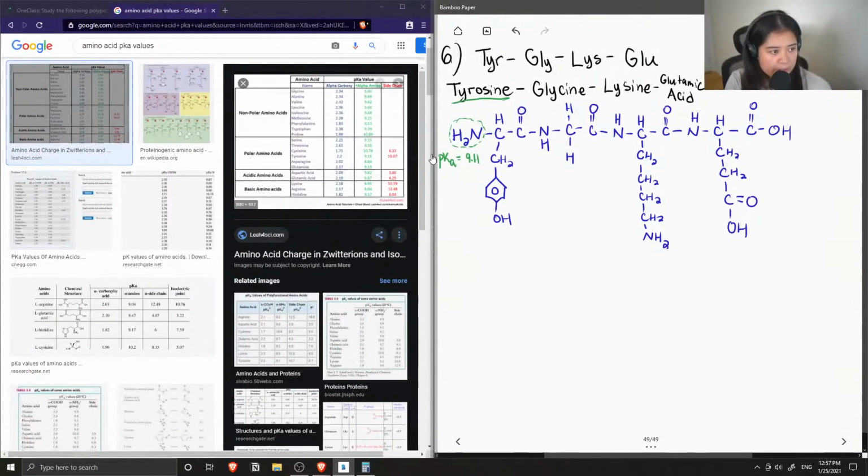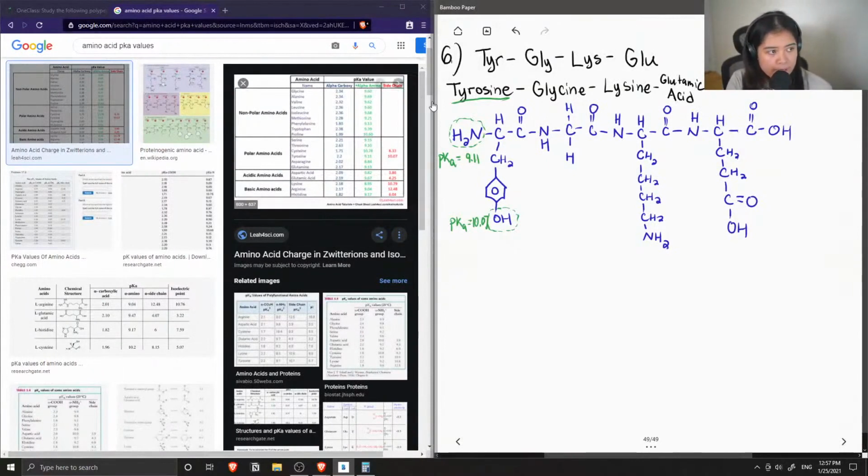But we also want to look at its side chain. The side chain, which is the alcohol group on the phenyl ring, has a pKa of 10.07. I'm also going to circle this and say the pKa is 10.07. Okay, so that was all of the tyrosine.